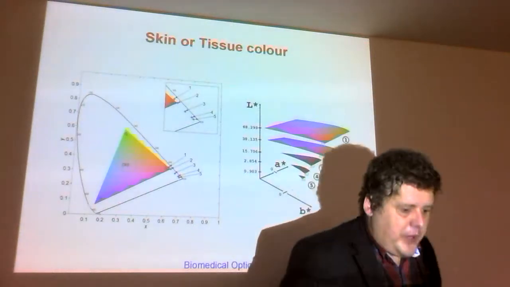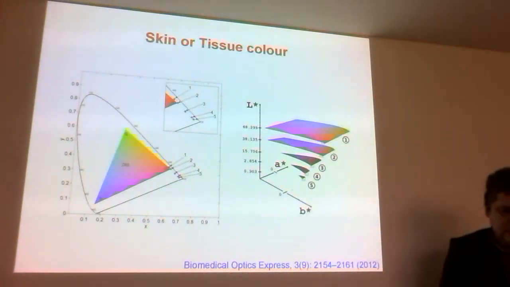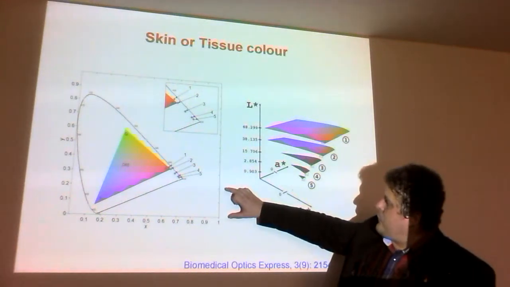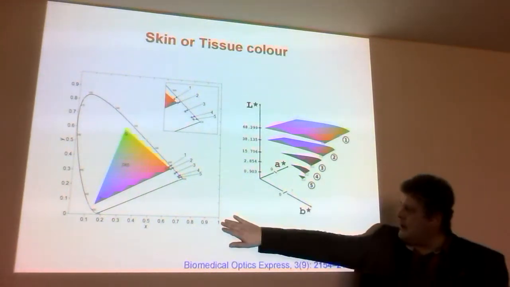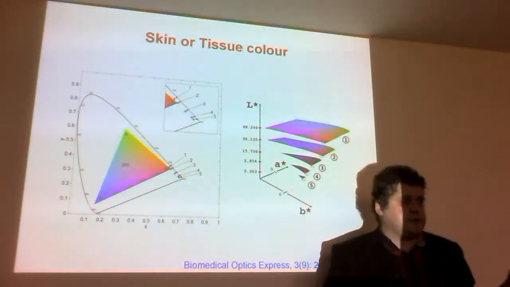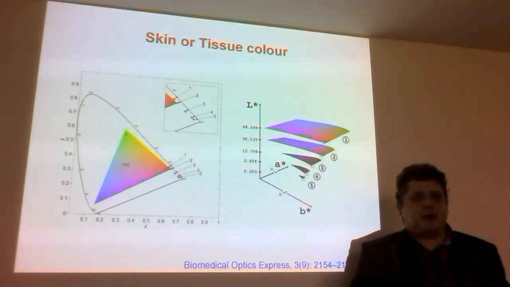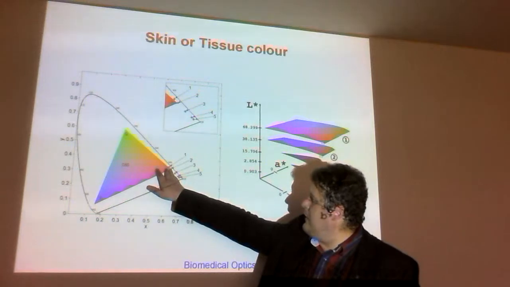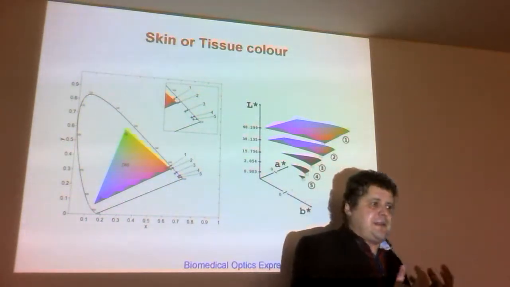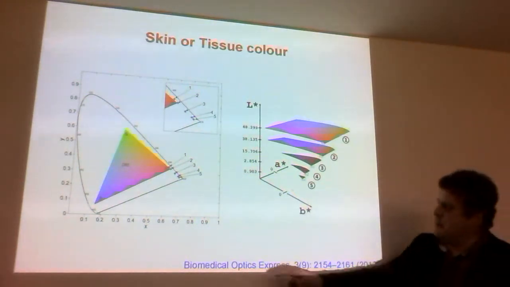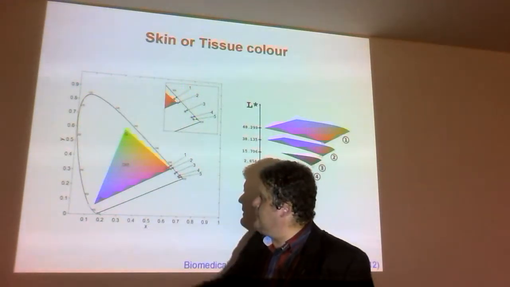Okay, so we found interesting things. If we do these measurements and use a particular color scheme to describe the color, some schemes do not actually show you the actual color. For example, when we used this one, the red color that we see by the naked eye when we do the measurements is not in this triangle.